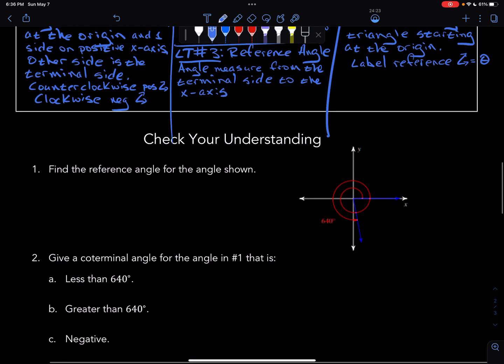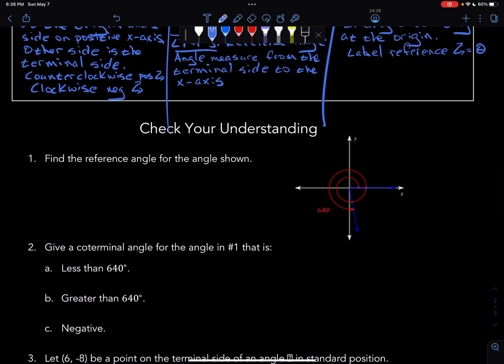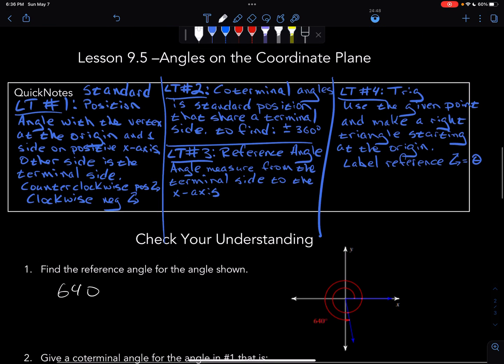Now we're going to do some check for understanding. So looking here at the first one, find the reference angle for the angle shown. So we have an angle of 640 degrees shown here, and we're going to try to find the reference angle. So we're looking at the 640 degrees to find a reference angle.